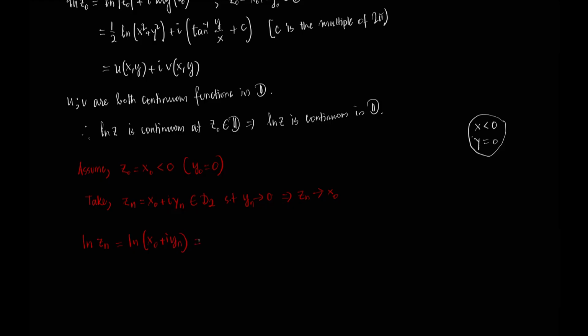If you calculate this whole thing, it is nothing but half of log of x naught square plus yn square, plus i tan inverse of yn by x naught, plus c. For now I will just assume c to be 0. So basically I'm just taking the principal log. Or if you want, you can take another one, it's not a problem, but let's just assume this.